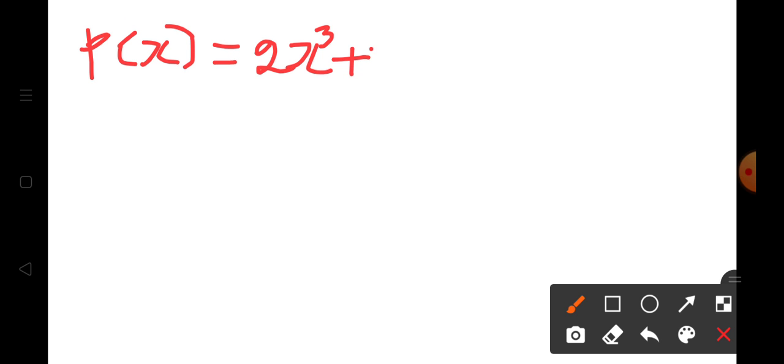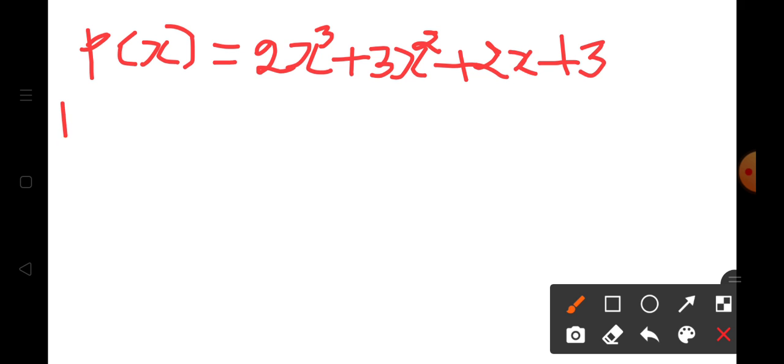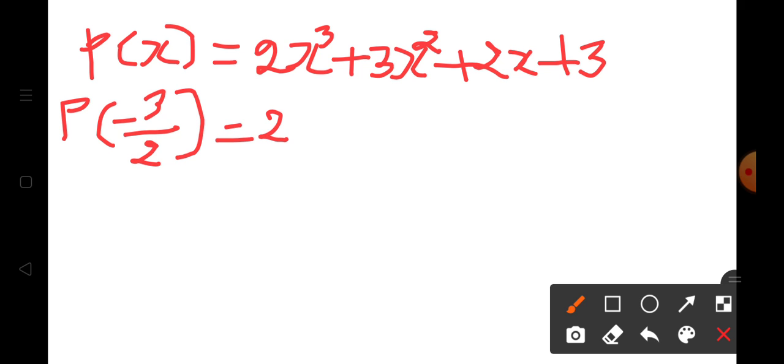Now we write p of x. P of x is equal to 2x cube plus 3x square plus 2x plus 3. Now we substitute p of minus 3 by 2. Now listen, 2 into minus 3 by 2 into minus 3 by 2 into minus 3 by 2. And what is the answer?